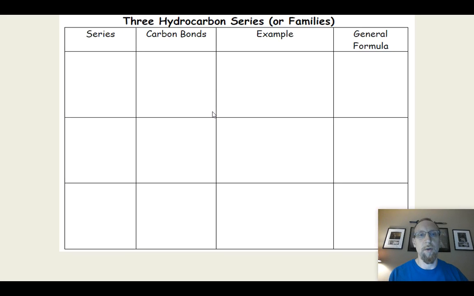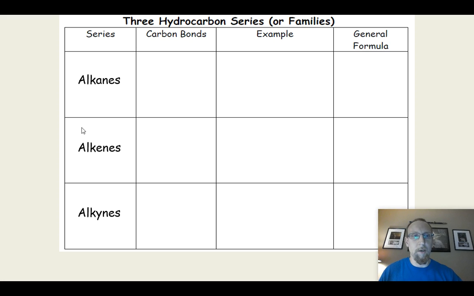So let's go through the types of hydrocarbons that we're going to be dealing with, the different groups, our three series or families. The three groups here that we're going to be looking at are the alkanes, the alkenes, and the alkynes. So again, they look very similar. There's really only three letters differentiating between them: A, E, and Y. So these are your alkanes, alkenes, and alkynes.